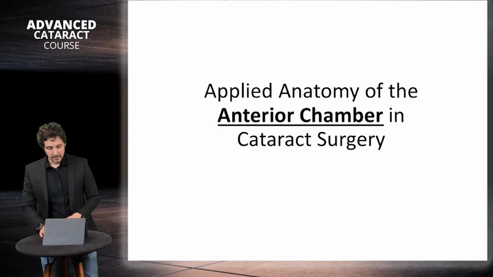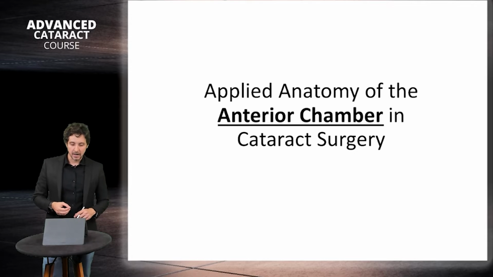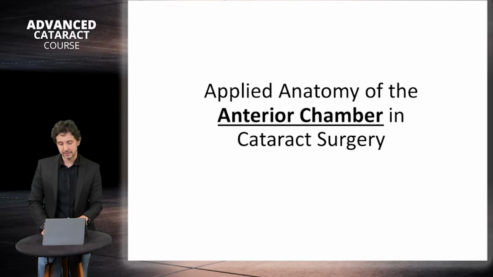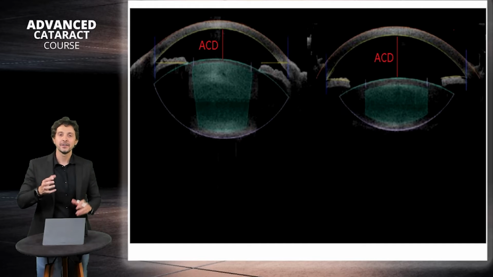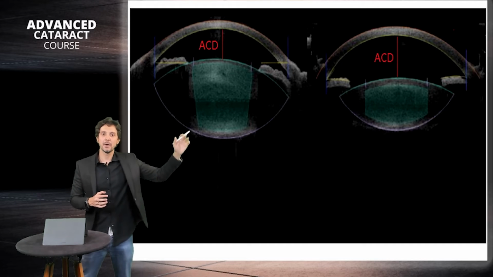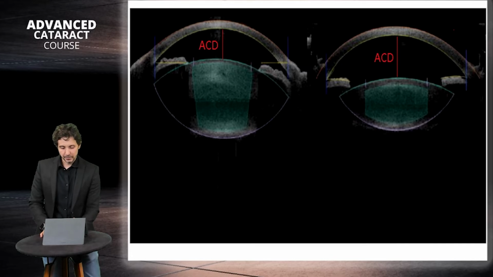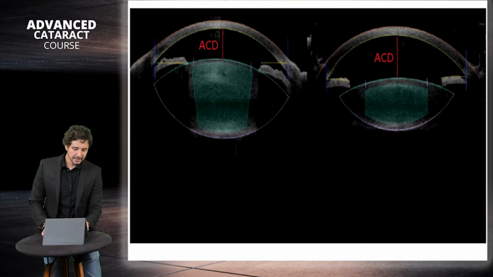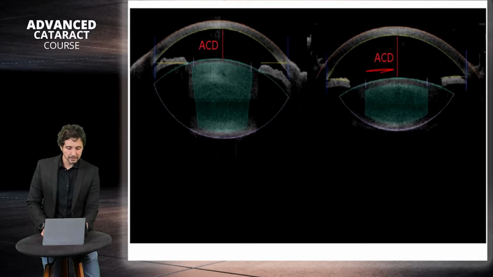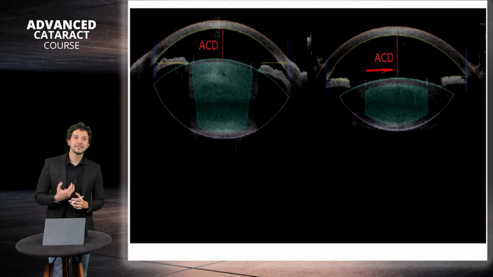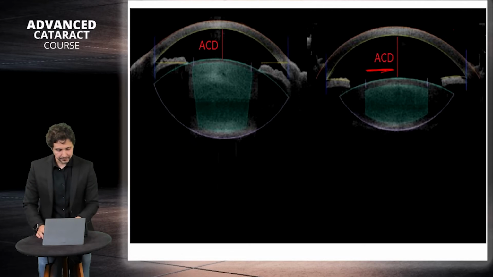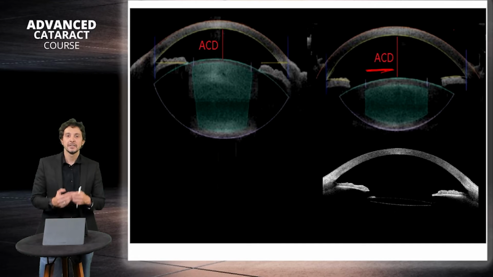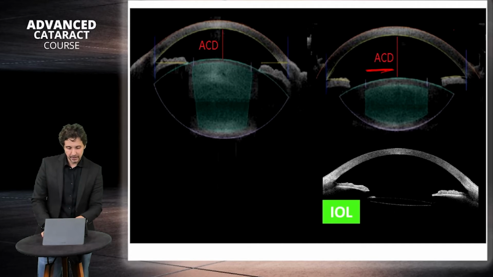Decompensation. Let's go. Applied anatomy of the anterior chamber in cataract surgery. Here you have two patients. In number one, you can observe a patient with a shallow anterior chamber, and here a patient with a about normal anterior chamber. These points are important because, observe, after removing the cataract, you can observe the position of the IOL here.